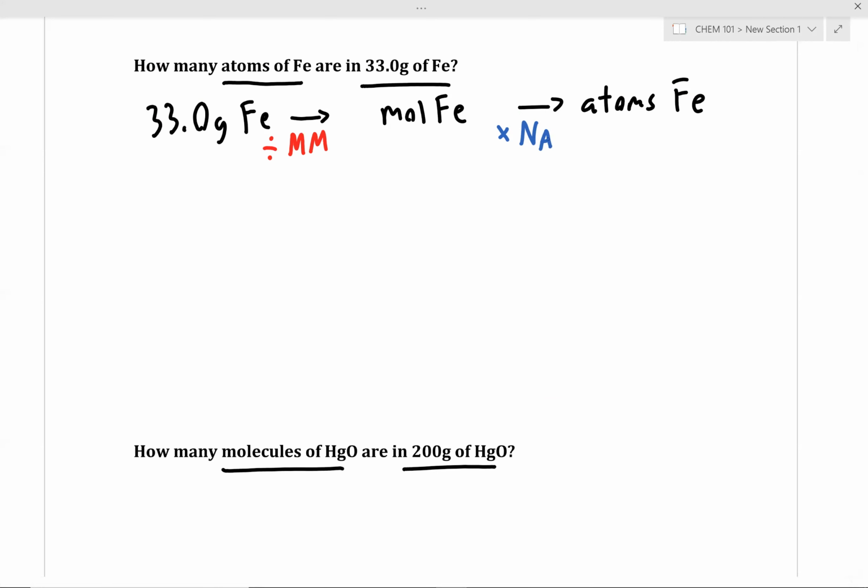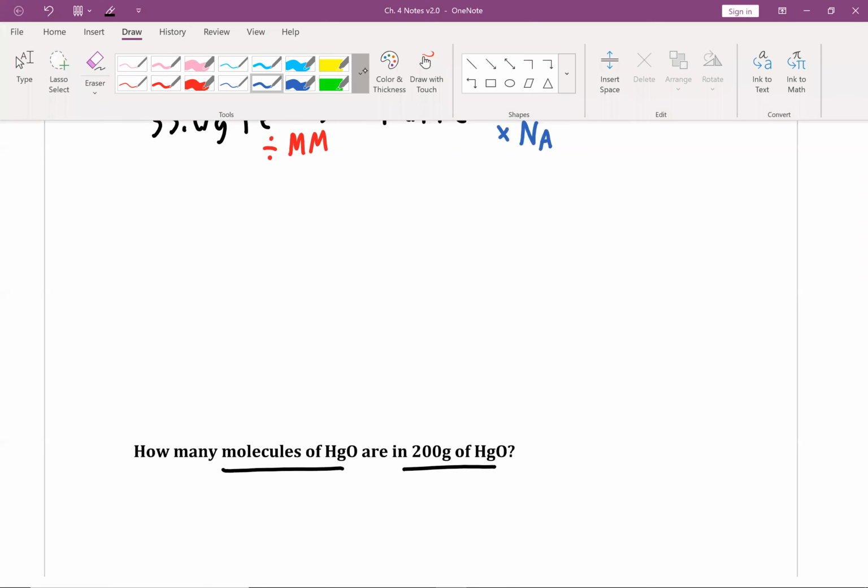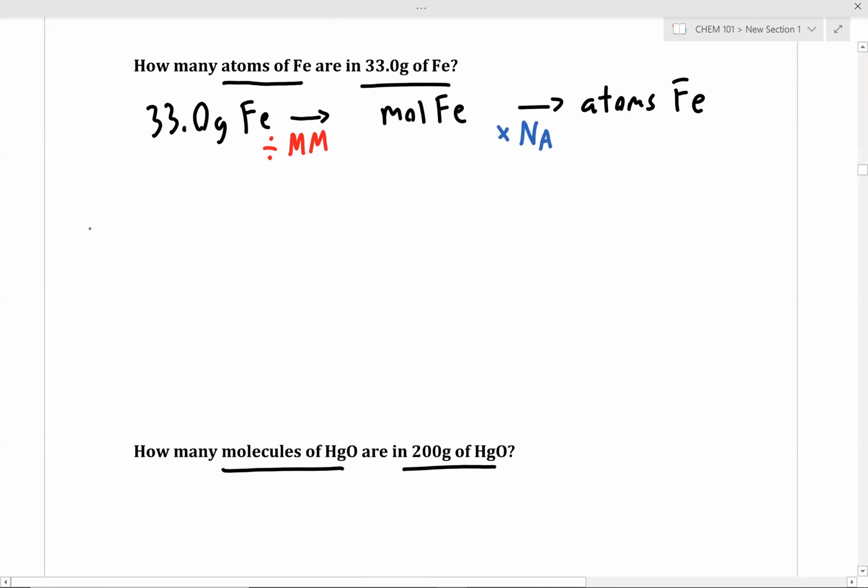So now that we have a general problem-solving diagram outlined, let's now complete this unit conversion and execute on our plan. So we have 33.0 grams of iron. And my question to all of you is, if we're going from grams to moles, what ends up on top? What units are going to be on top? Moles. So in 1 mole of iron, we have how many grams?